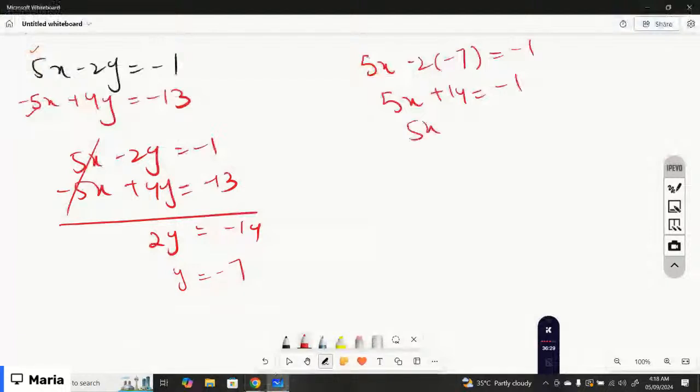Okay, so 5x equals negative 1 minus 14, that is 5x equals negative 15, and x equals negative 3. So the solution of the system of equations is negative 3 and negative 7. Got it? The correct option is negative 3 and negative 7.